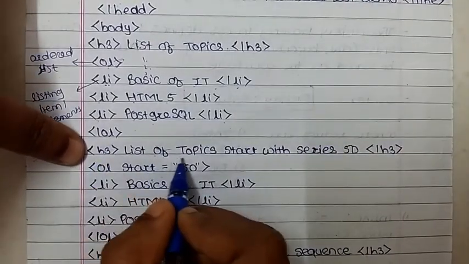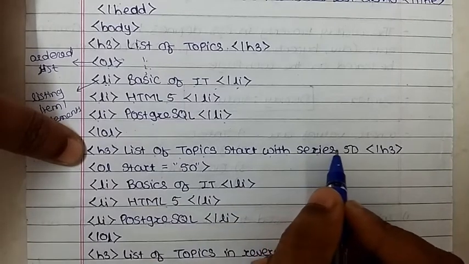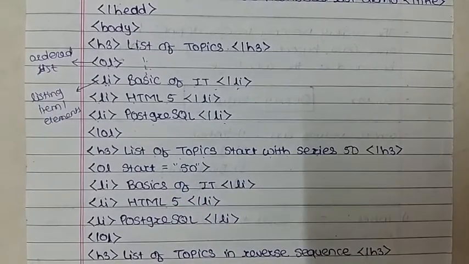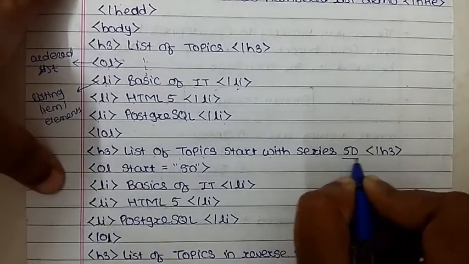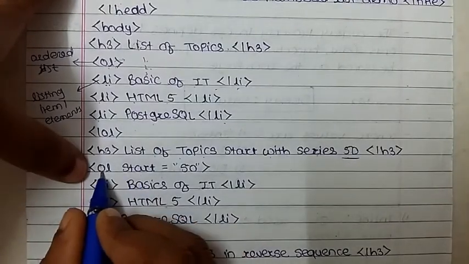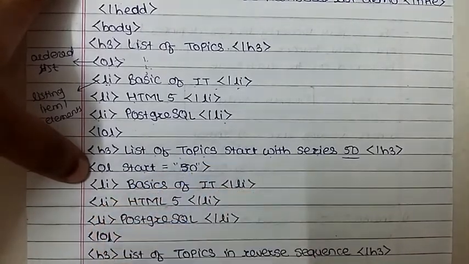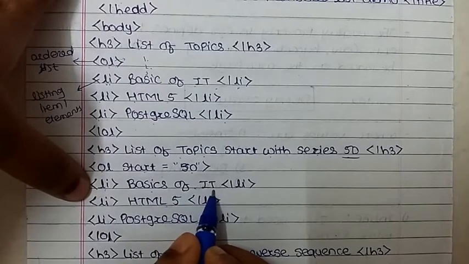H3, list of topics, starting with series 50. We have to start the topics with the first starting number as 50. So we have to set one attribute here, that is OL start 50. Then LI Basic of IT.